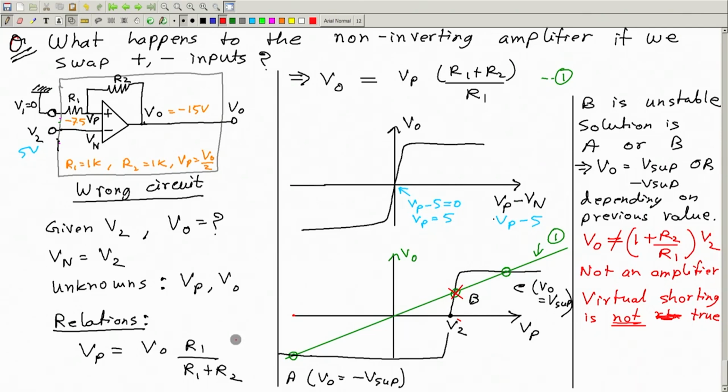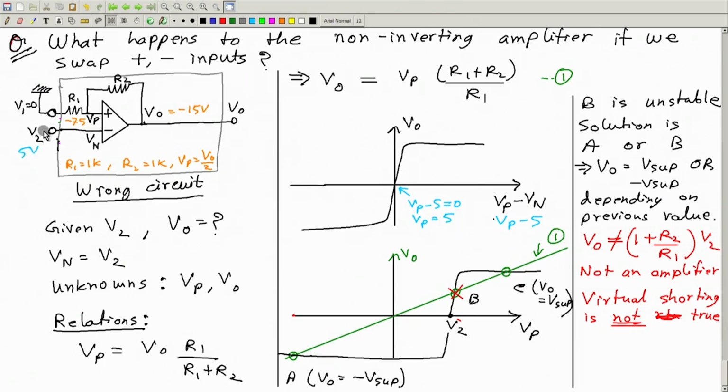Now maybe I will show you one more small, interesting thing. The question is, what happens if I change the input V2, say from 5 volt to 1 volt or 10 volt?